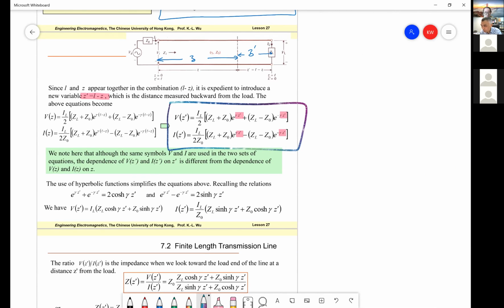This is the basic transmission line equation. Okay. This equation tells us the relation between voltage, current, characteristic impedance, your load impedance, okay, and importantly, the distance from the source, right?